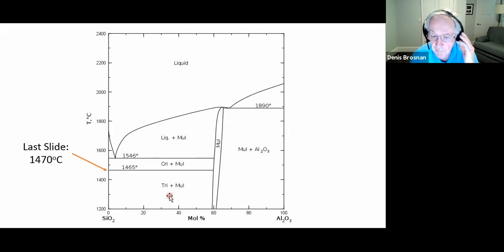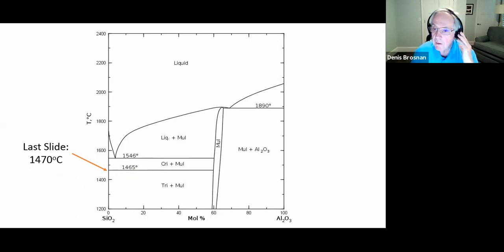And here we have tridymite and mullite listed in this phase field, and we have cristobalite and mullite listed in this phase field. You might notice that the temperature here, where the tridymite would convert into cristobalite, is a little bit different than we saw on the last slide. Again, that's a purity deal, and it depends on when the diagram was made. Well, that's a lot to think about.